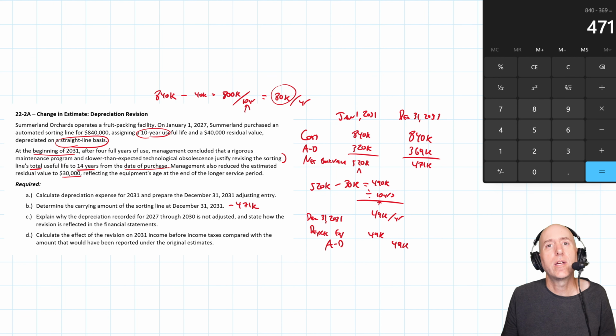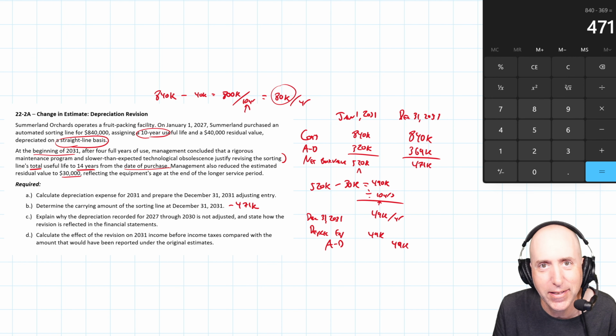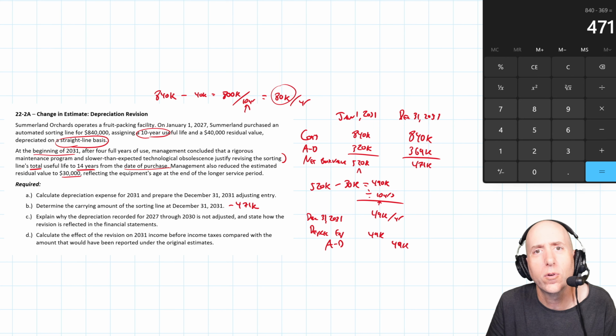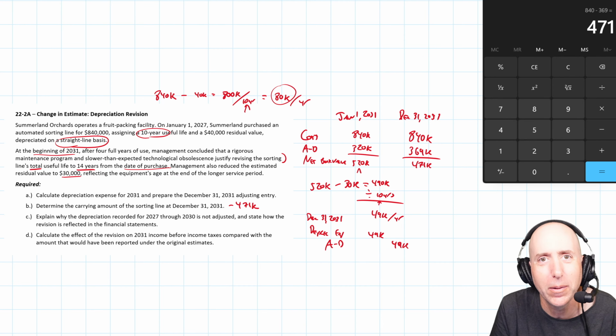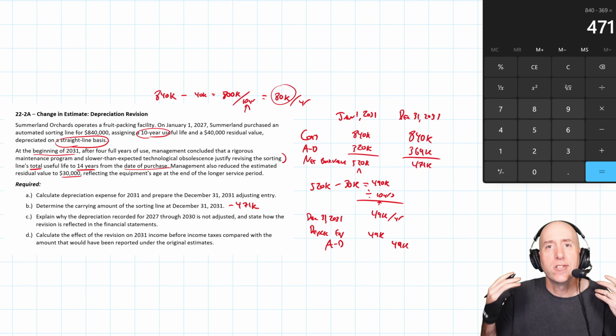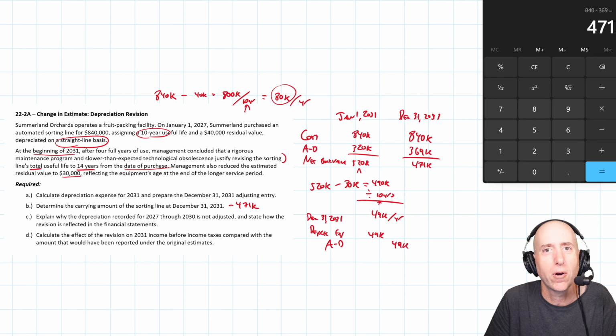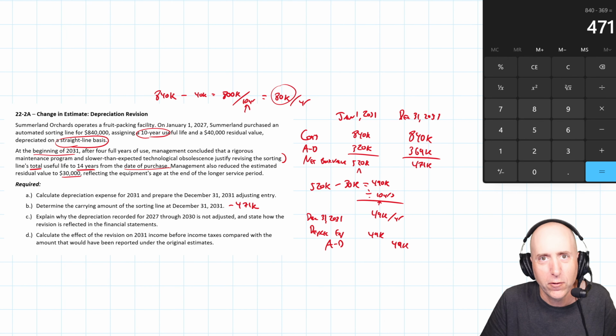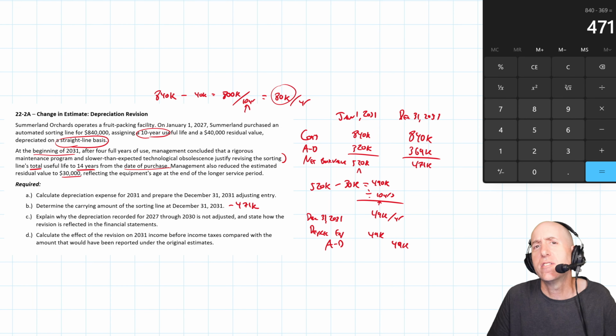Next, it says explain why the depreciation recorded for 2027 through 2030 is not adjusted. Okay, why don't we do an adjustment to fix the past years? And the answer is this is based on an estimate. And so we have estimates all over accounting, and our estimates are always going to be wrong. If we had to go back and adjust every estimate that turned out to be wrong, that's all we would do. So there's sort of an acknowledgement from the accounting standard setters that this is normal.